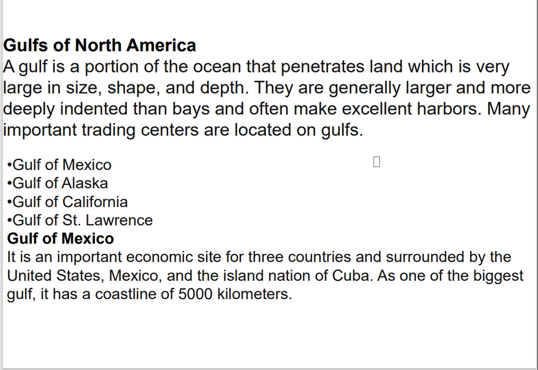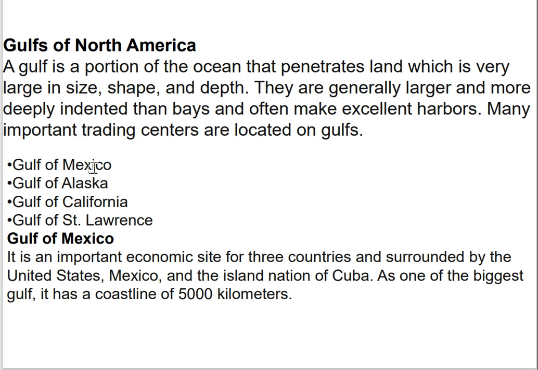Bays are not so deep and not so big, so they are not excellent harbors. A harbor requires depth, not shallow water, so that cargo ships and very big ships can move easily without any hindrance.